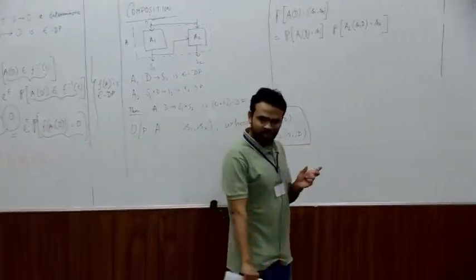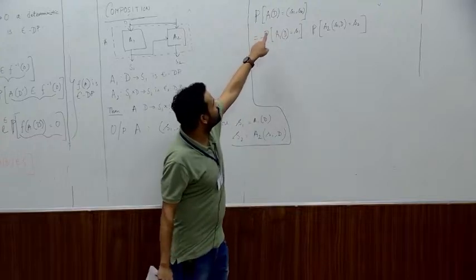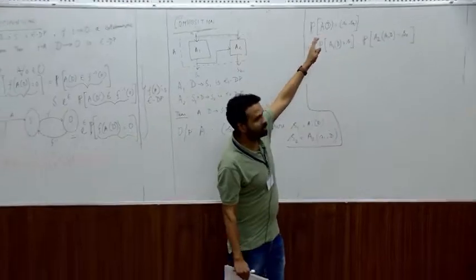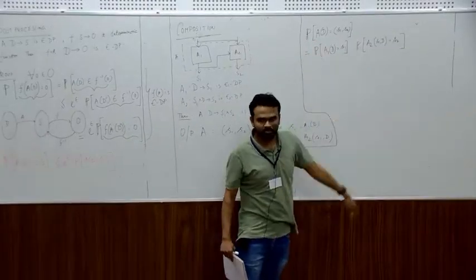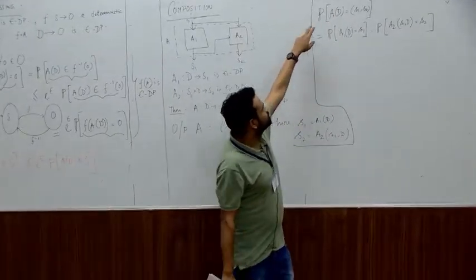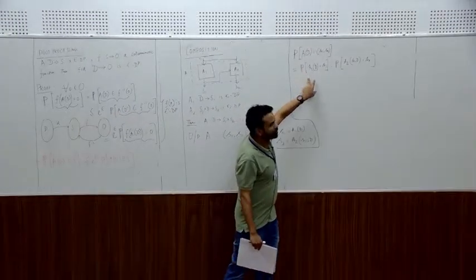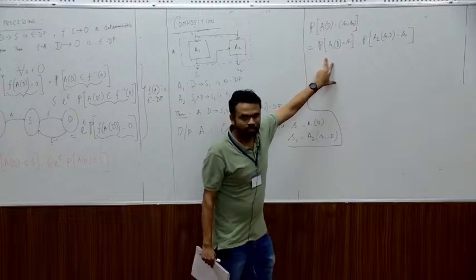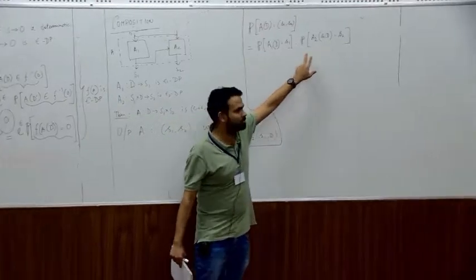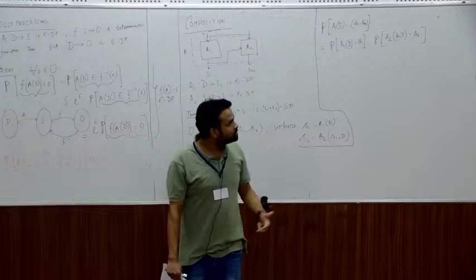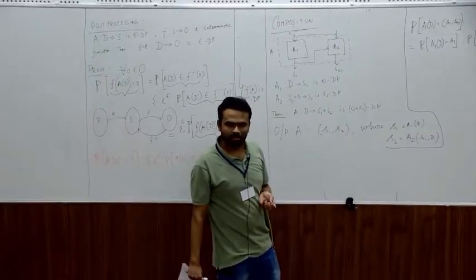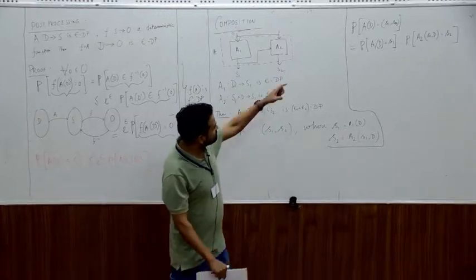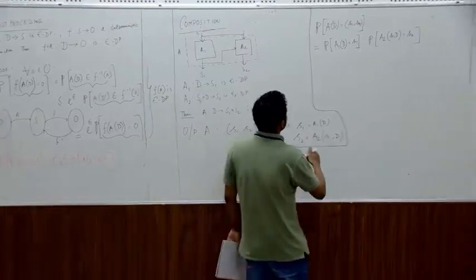It is a joint distribution over the randomness of both the algorithms. A joint distribution is the product of marginal distributions. Here the randomness is only in A1, here the randomness is only in A2. So independence tells you the joint distribution is the product of marginal distributions.